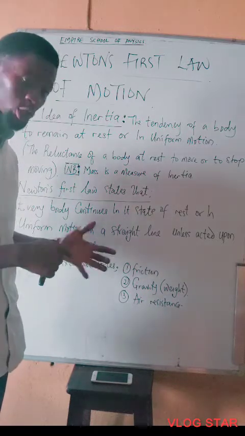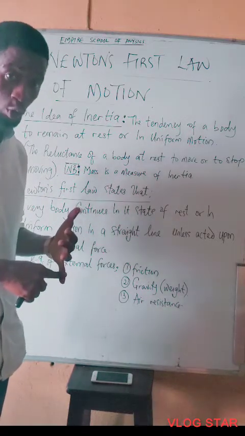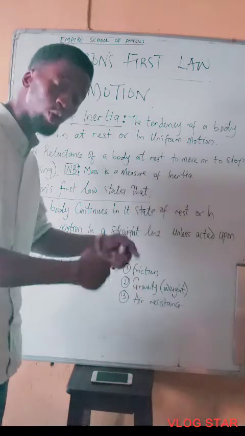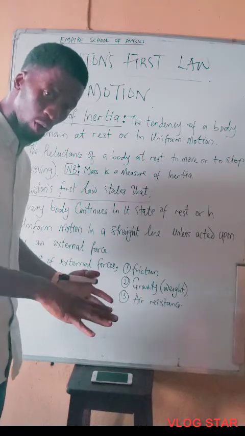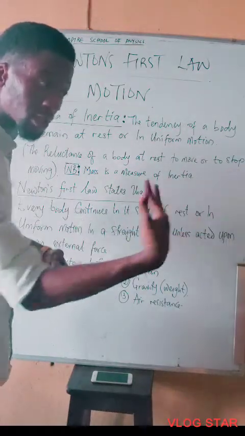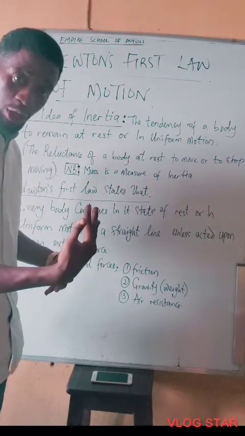Now, friction acts on the ball. One, friction can cause that ball to stop. Two, gravity. Gravity is pressing down on the ball as it is rolling, which we can call the weight of the ball. Three, air resistance. As the ball is rolling, there is air resistance basically in the opposite direction.